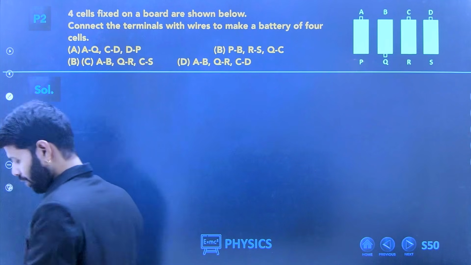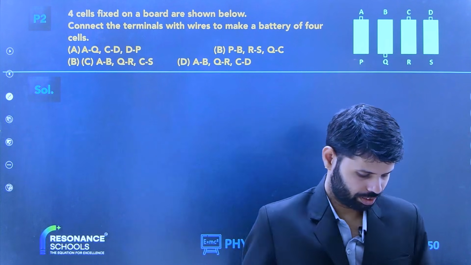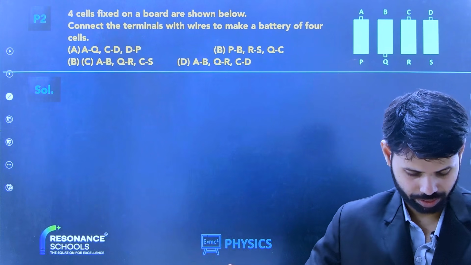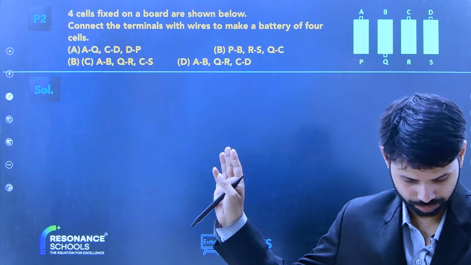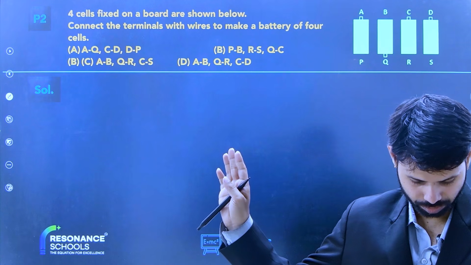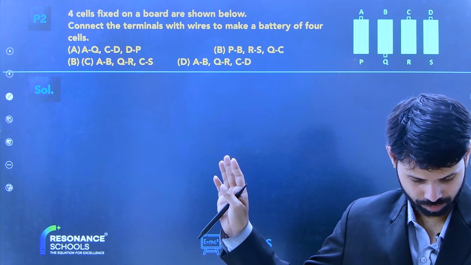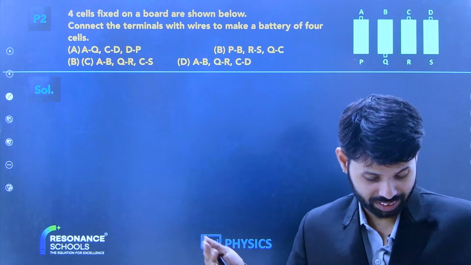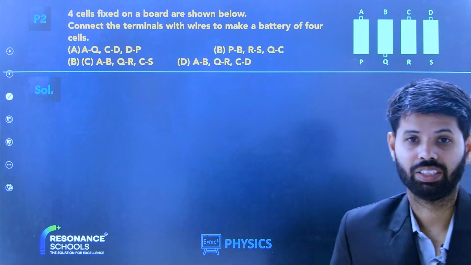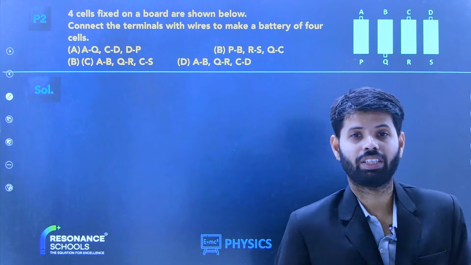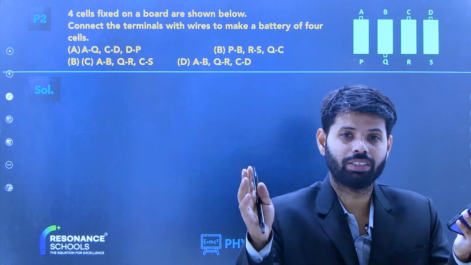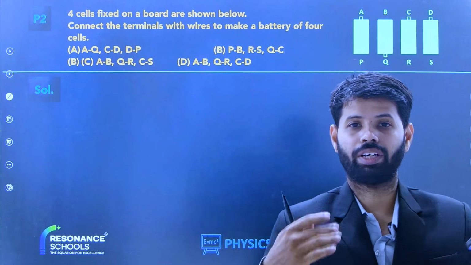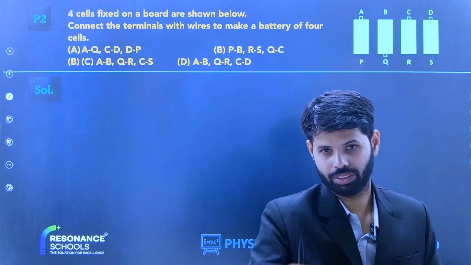Second. Now read the question, beta. It's like A, B, C, D. Okay, fine. Now solve the question. Beta, we are studying electricity. You are asking about the gravitational constant. Gravitational constant is actually when two masses attract each other. There is a force of attraction, due to which the gravitational force comes.